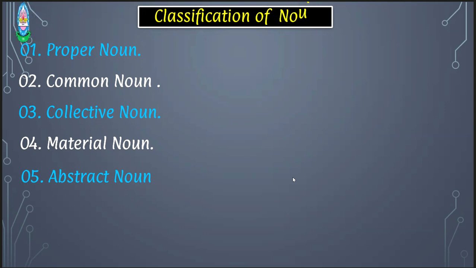Anyone here who has understood what I have said now? Anyone here, can you please repeat what I have said? On the basis of visibility, there are 5 types of nouns.